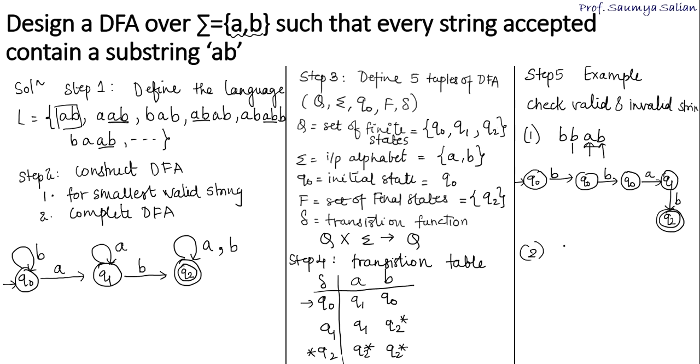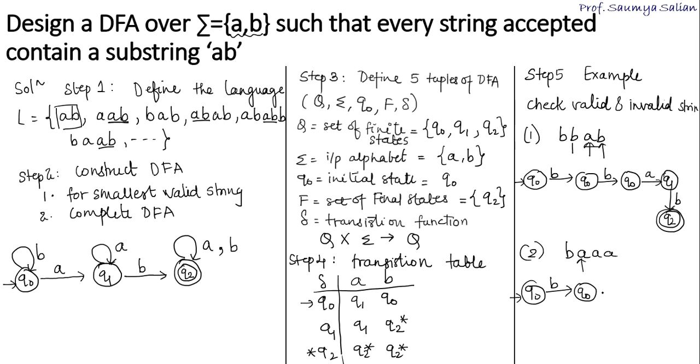Next, let's take up an invalid string. Let's say BAAA. So this is my invalid string. So let's start. Q0 on B goes to Q0.